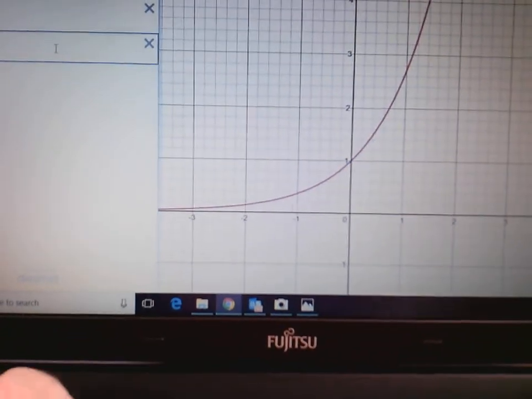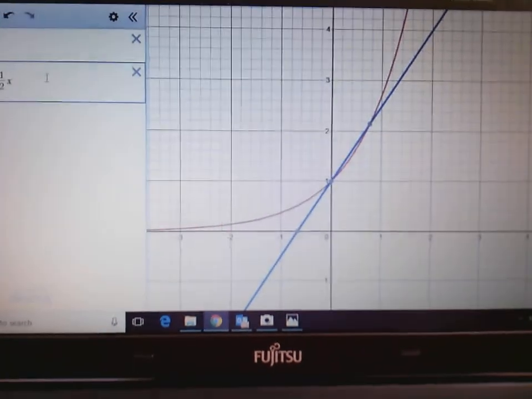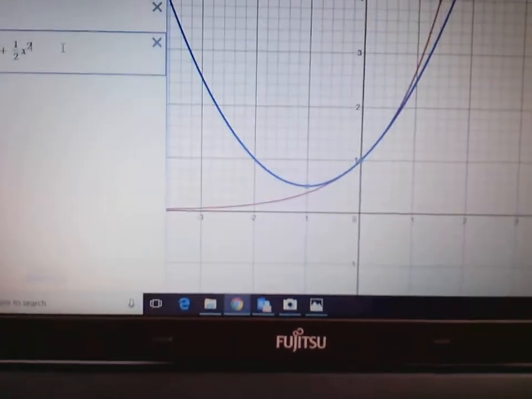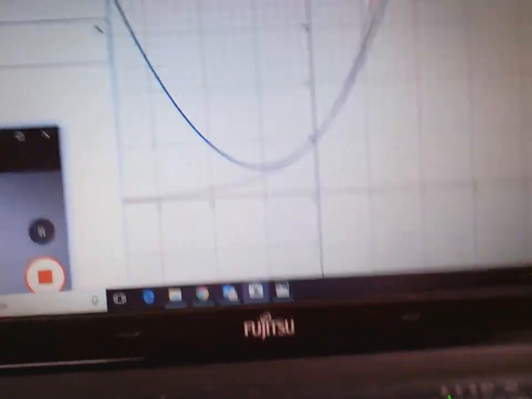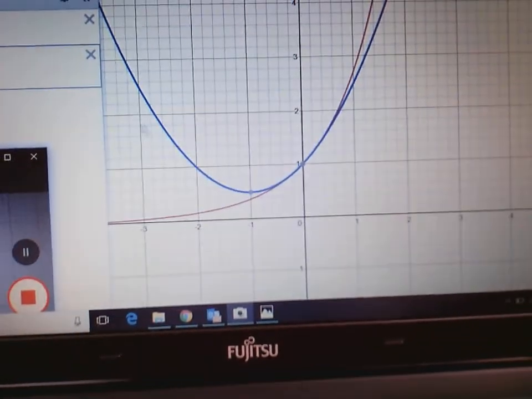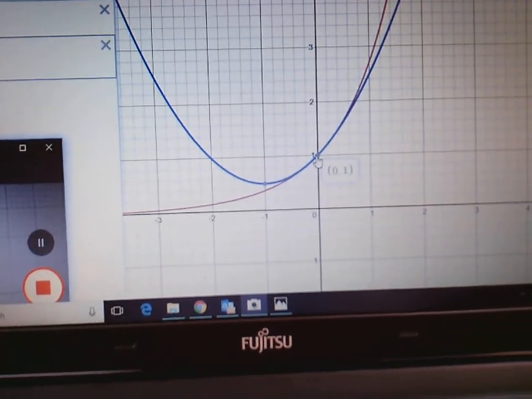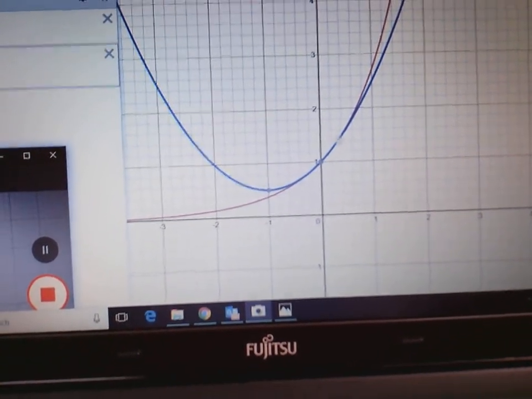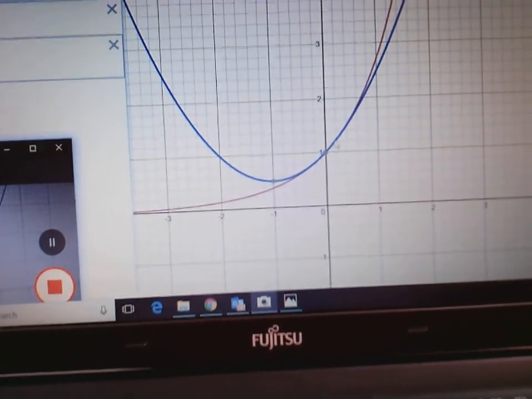Let's add the next term. What was it? 1/2 x squared, right? And you look at that and you go, wow, 1/2 x squared. It goes through the same point. It's got the same slope as e to the x, my red line, and it has the same concavity right there.